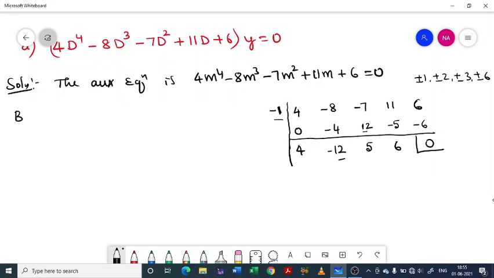So by synthetic division, m equal to minus 1 is one of the roots.